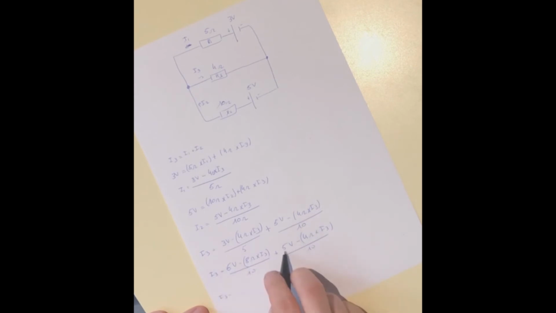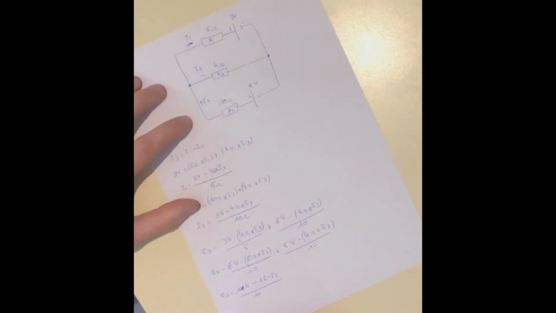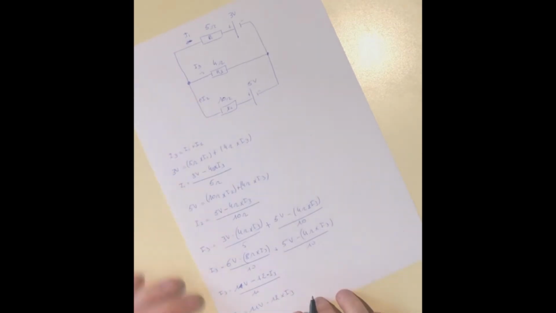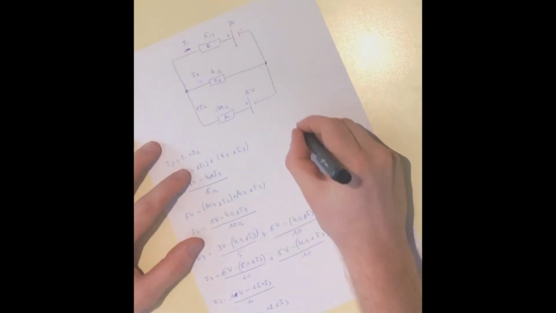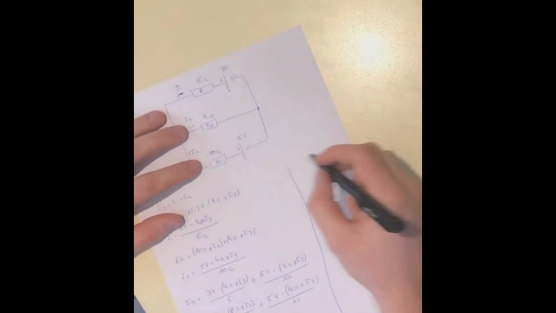We see 6 volts and 5 volts, so we have 11 volts minus 12 times I3 divided by 10. We can move this 10 to the other side, so we have 10 times I3 is equal to 11 volts minus 12 times I3. I'm going to continue on this side here.